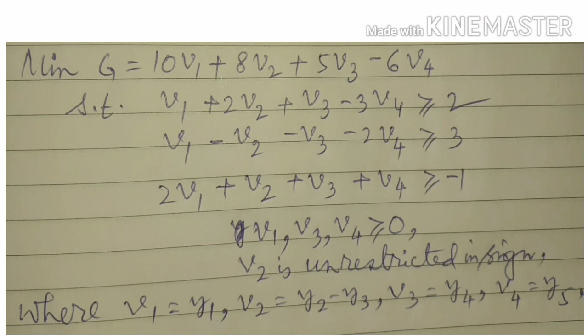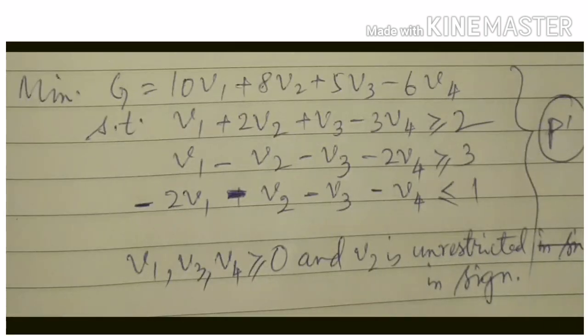And usually we do not want any of the components of the requirement vector to be negative. So again we multiply the last constraint by -1, so that finally we have the dual problem, this one. We see here in the primal problem the second constraint was equality, and in the dual problem we have got the second variable as unrestricted in sign.